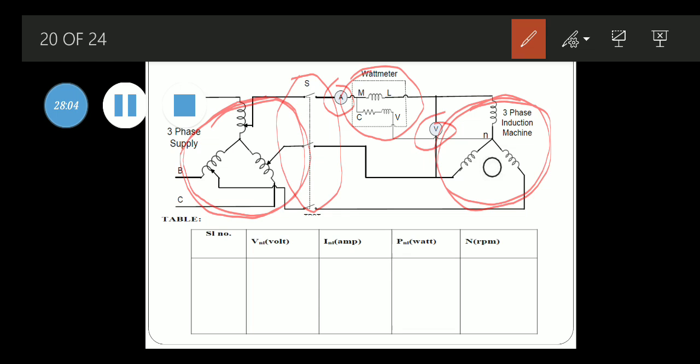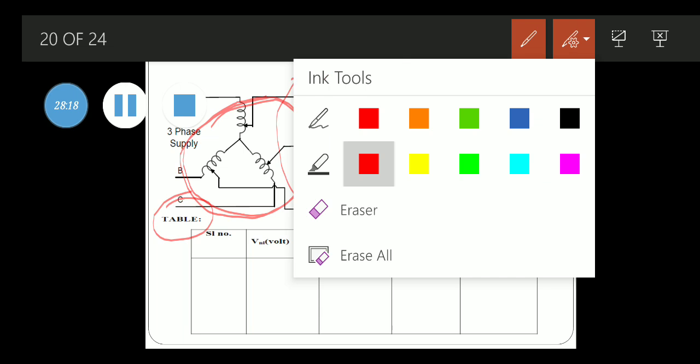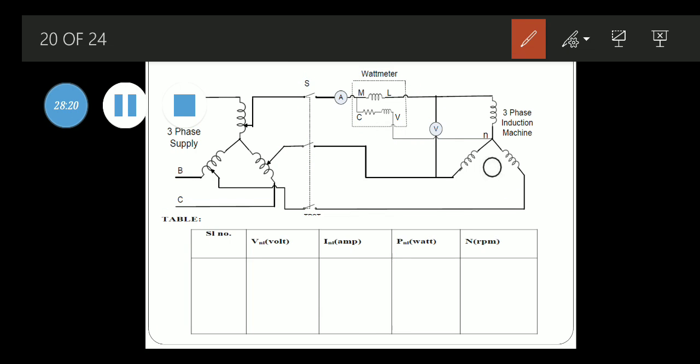So these observations can be made. This is the tabular column. Initially, how is the test to be performed? You run the motor under no load condition. Just start the motor by closing the switch. Once you close the switch, the motor runs under no load condition.